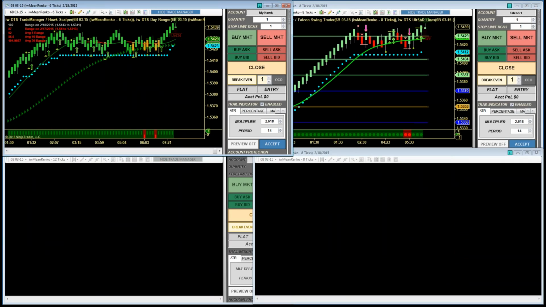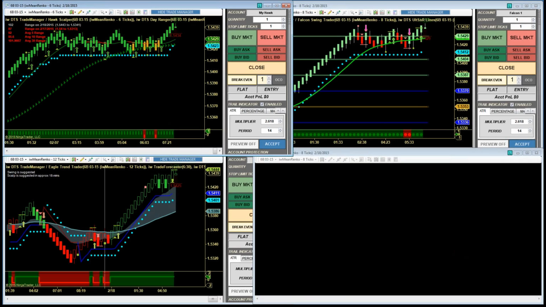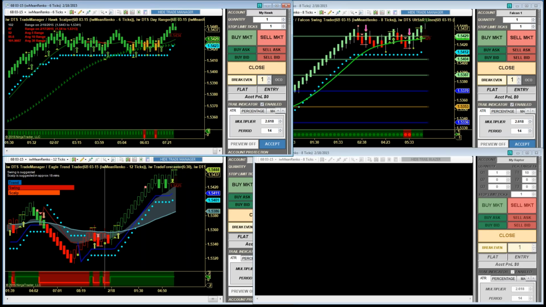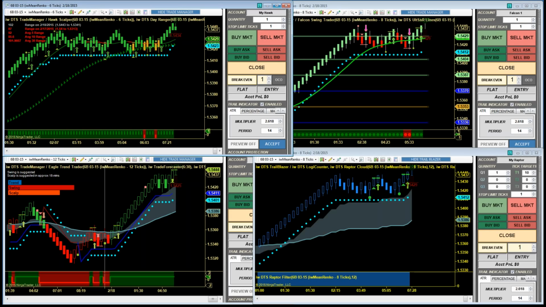So let's start with the pound. This will be the futures version of the pound US dollar pair. I'll just give it a moment to load.